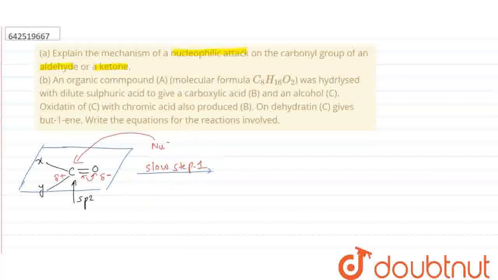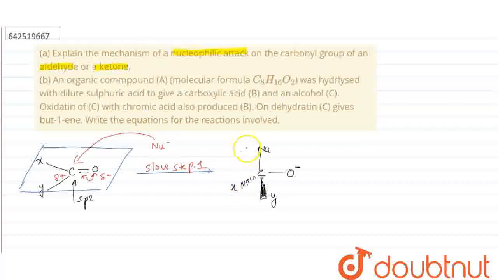Now what happens? The oxygen gets a negative charge because the pi bond is shifted to the oxygen, and the carbon is connected with the nucleophile. Okay, and we have two bonds. One bond is with X, and the other bond is with Y. Okay, so it becomes a tetrahedral arrangement here.